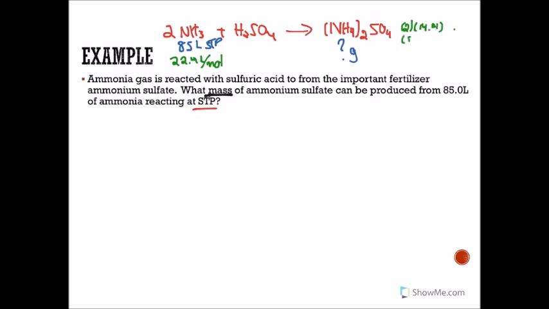We have 8 times 1.01 for hydrogen. We have 1 sulfur, which is 32.07, and we have 4 oxygens, so 4 times 16.